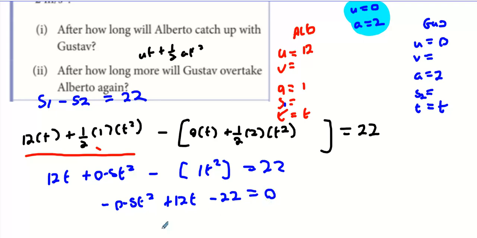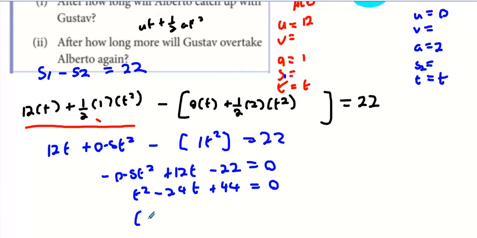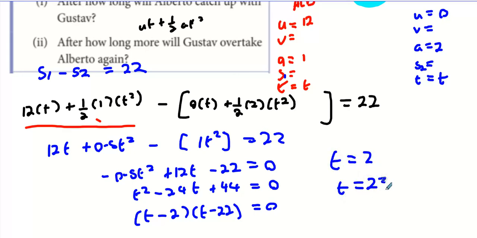Multiply both sides by minus 2: t squared minus 24t plus 44. Is that right? Ah, perfect. That factorizes as (t minus 2)(t minus 22), so t equals 2 and t equals 22.